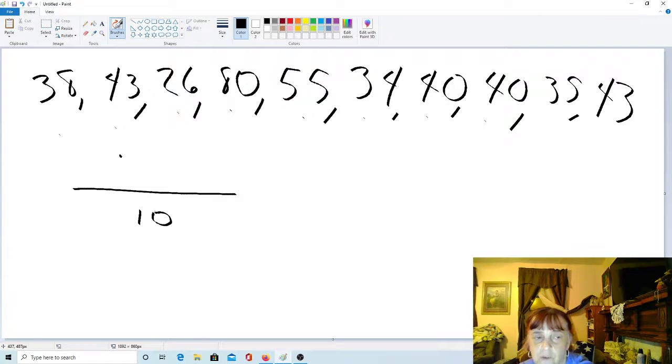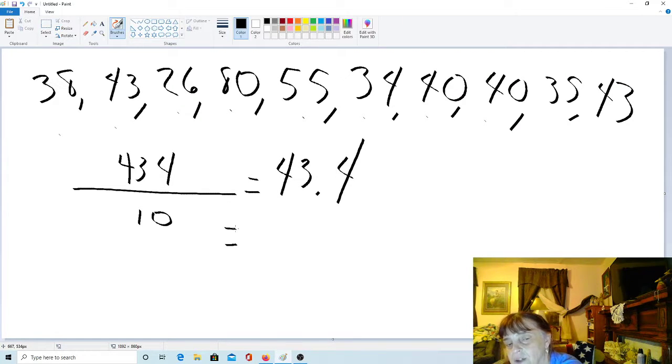Okay, I got 434 as my sum. Divide that by 10, I get 43.4. And I have to round that off to the nearest whole number if I'm going to do the standard deviation, which is 43.